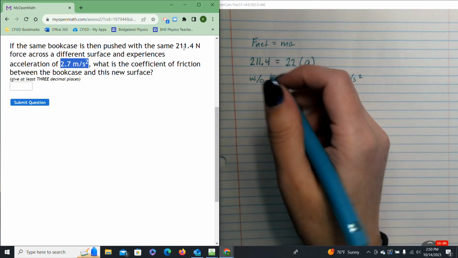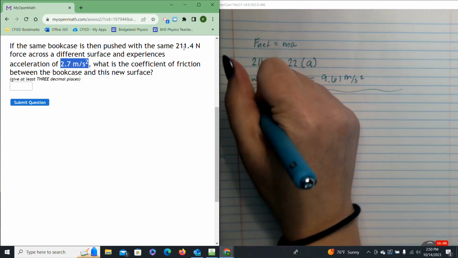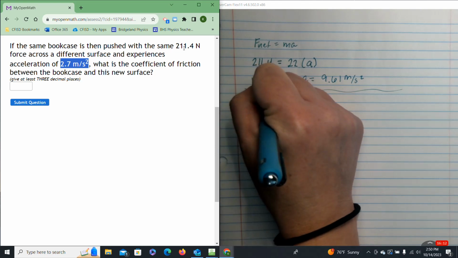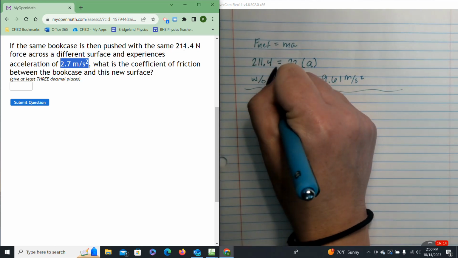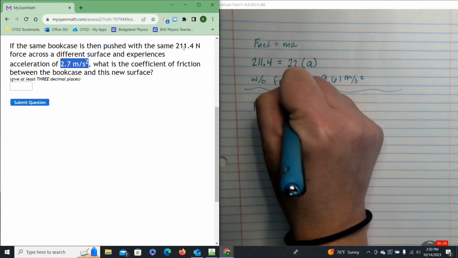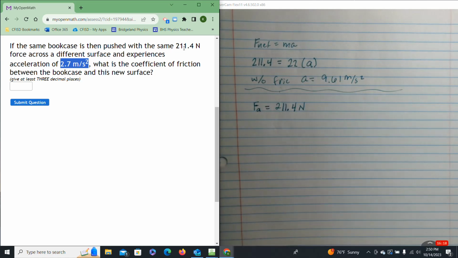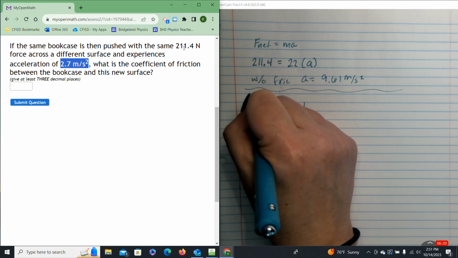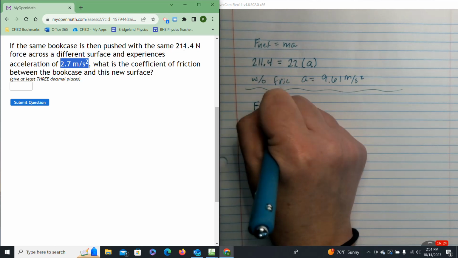Okay, second part of the question. I know my applied force is 211.4 newtons. I know there's friction though. There has to be. I don't know what it is yet, but I know that there's friction.